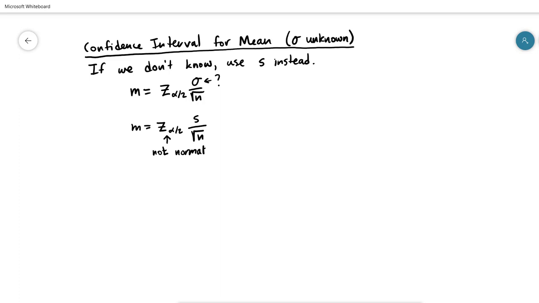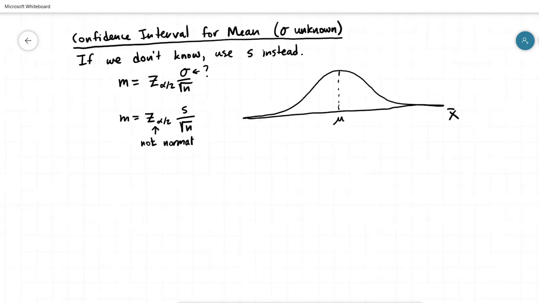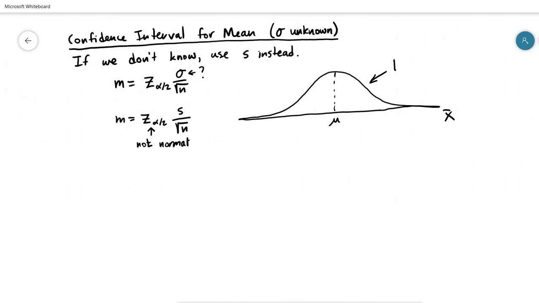We are going to have a curve that looks vaguely like a normal distribution, but it's instead called a t-distribution. It's the distribution of all our possible x-bar values here. And again, we're trying to find the value of mu down here. But this is going to be what's called a t-distribution instead.